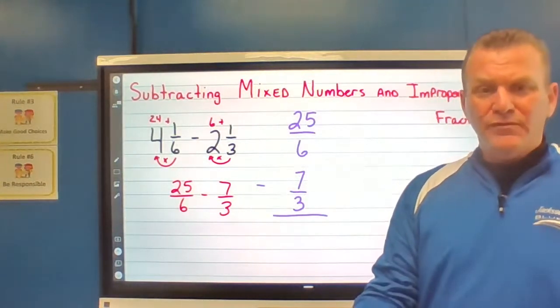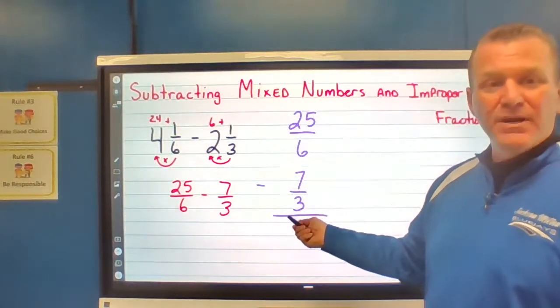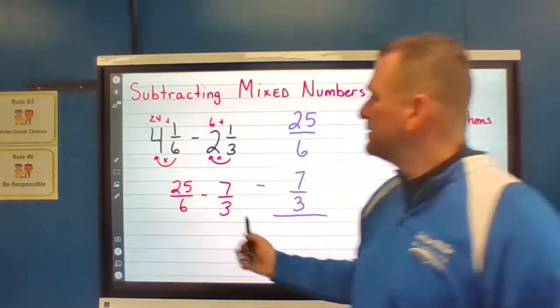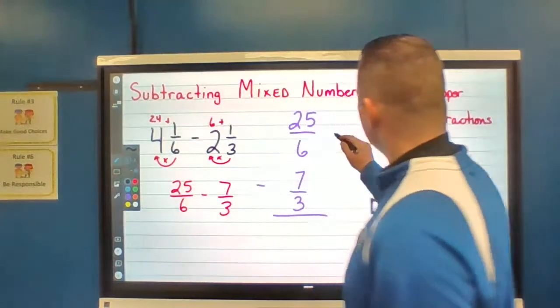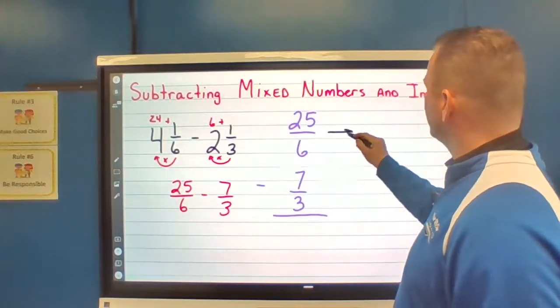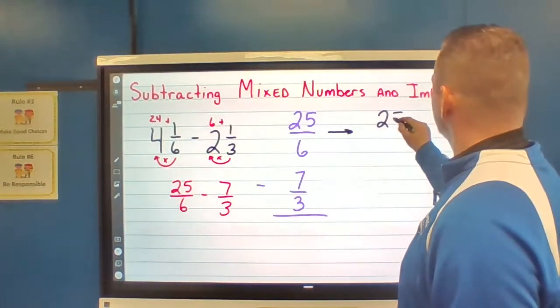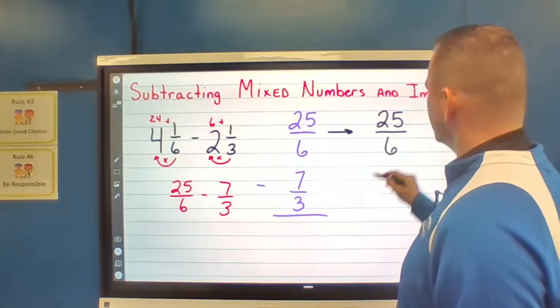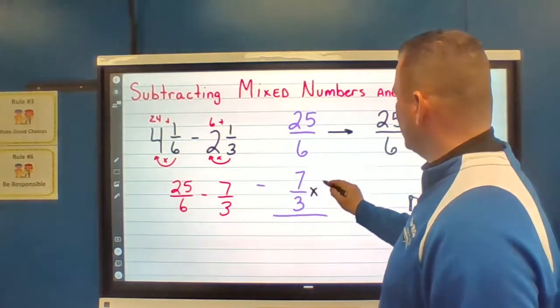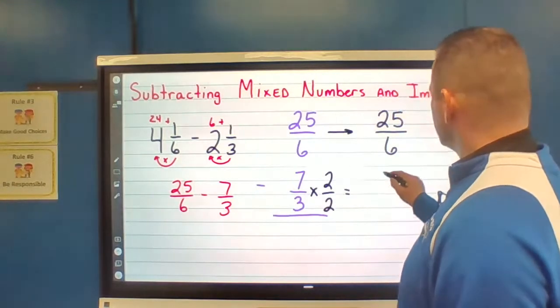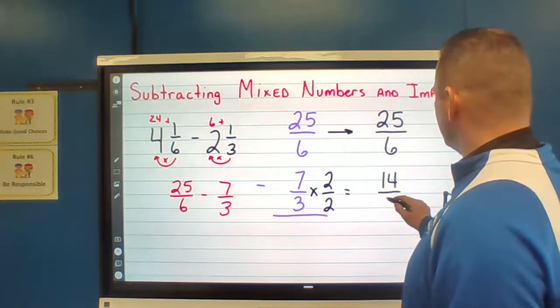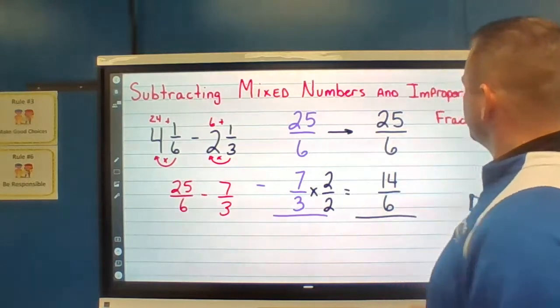Through creating equivalent fractions, I could get that 3 to become a 6. So I'm going to go ahead and carry that out. He's going to stay the same. He'll be 25/6, and we'll convert him by creating an equivalent fraction to make him 14/6.